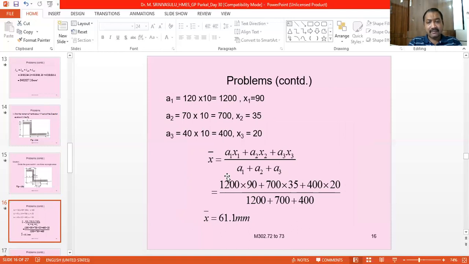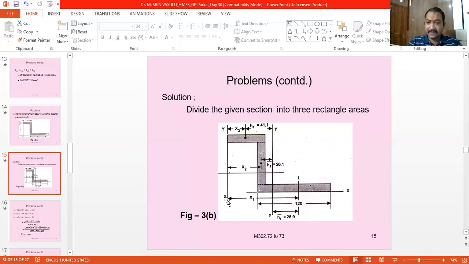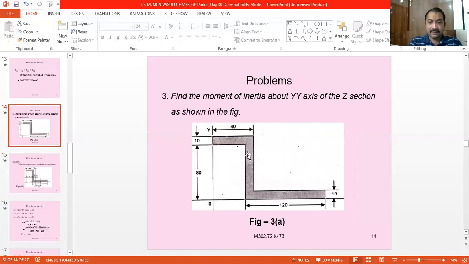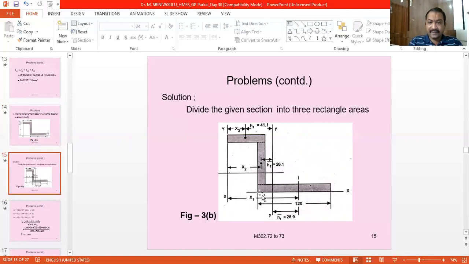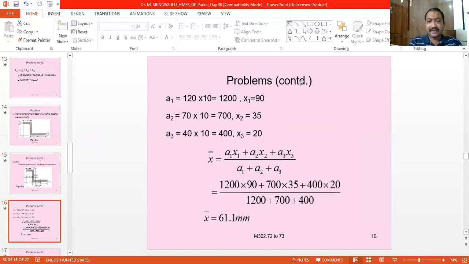And x1 is equal to, if you take from here, it is 40 minus 10, so it is 30, and from here it is 30, and this is 120 by 2, that is 60. So 30 plus 60 is 90, so x1 is equal to 90.